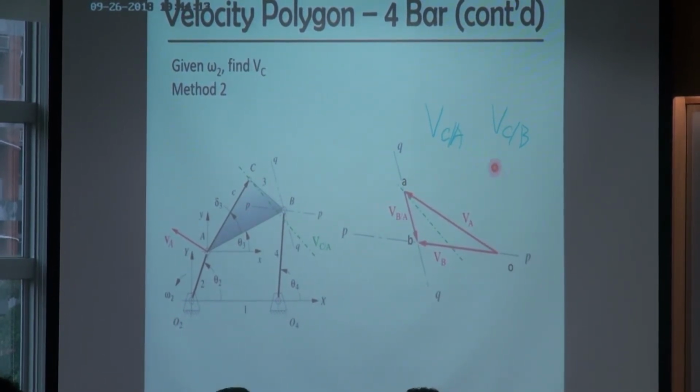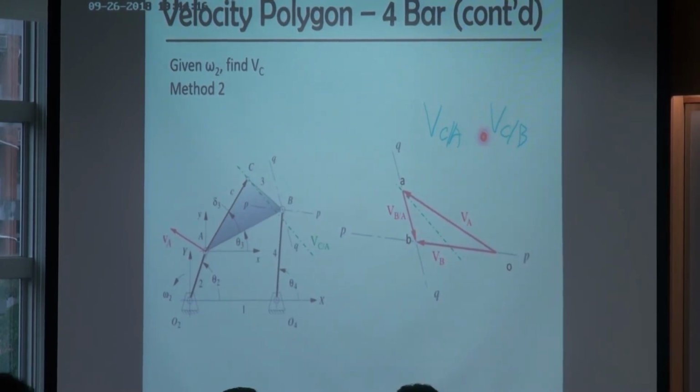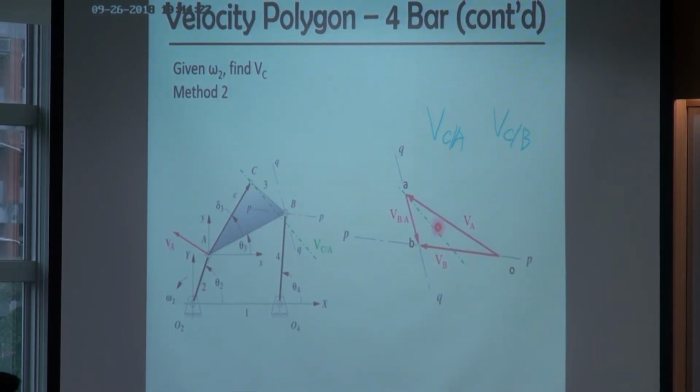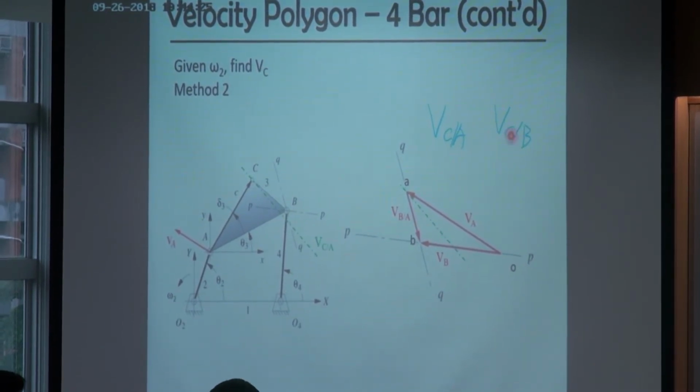And if we can also find another line to represent VCB, then the intersection is gonna be point C. So let's see if we can find VCB. We know the length of line CB is fixed. VCB is C relative to point B. So the direction of VCB must be perpendicular to the line CB or BC. So here I draw another green line. This line is perpendicular to the line CB.